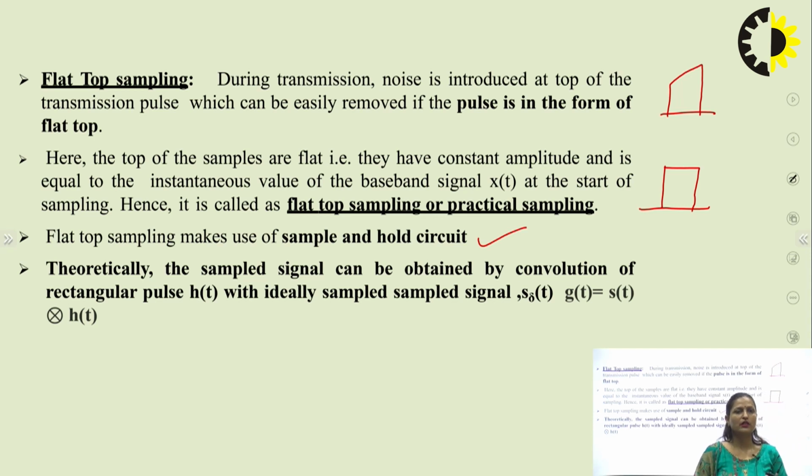In this way the sample and hold circuit is used to obtain flat top sampling. The sampled signal can be obtained by convolution of the rectangular pulse h(t) with the ideal sampled signal s(t), so your output will be g(t) equal to s(t) convolved with h(t).